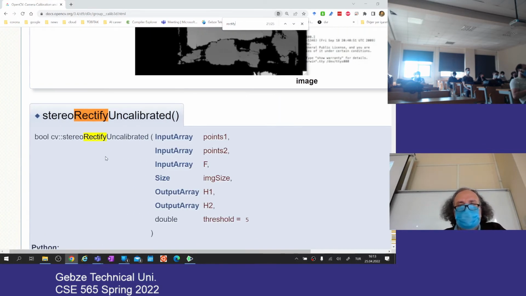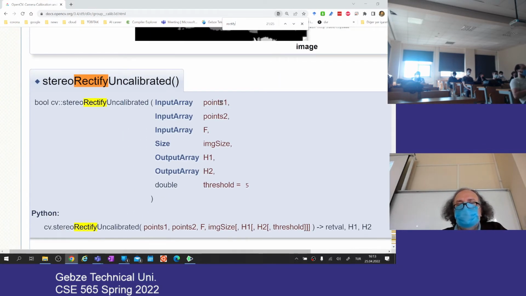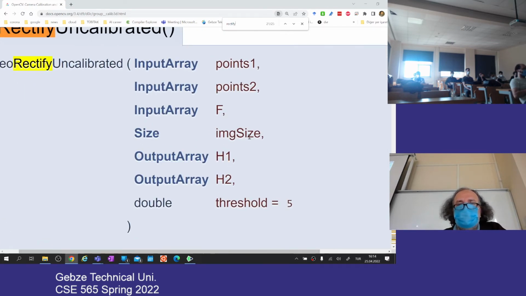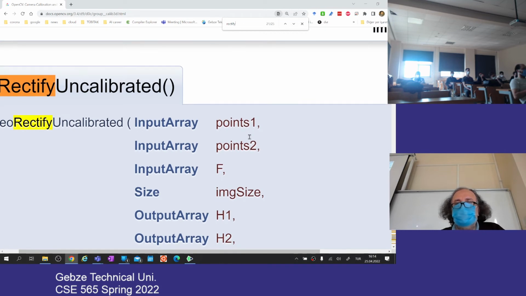What does it say? Okay, give me the left points and right points. Give me the fundamental matrix. Okay, and you tell me what this H1 and H2 are. Can anybody tell me what this H1 and H2 is? It doesn't take any images.